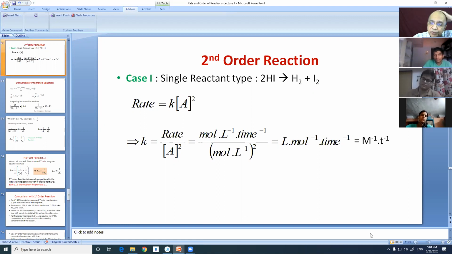Or some primitive people write liter mole inverse time inverse, maybe second inverse or minute inverse or hour inverse. That is up to you. But the first part is the opposite of molarity, or molarity inverse. So for you stylish guys, I will write capital M inverse time inverse. Over. We'll go to the next page, please.